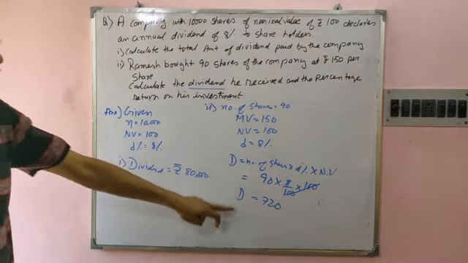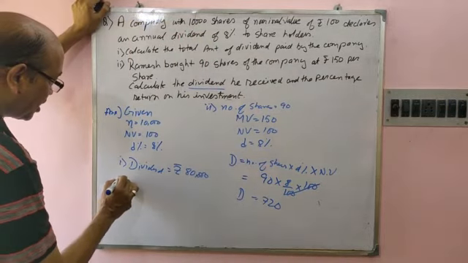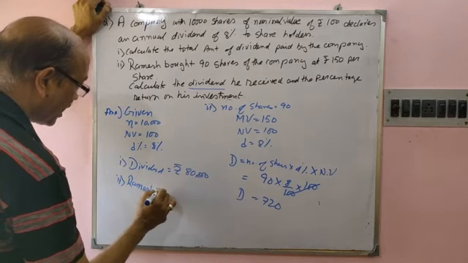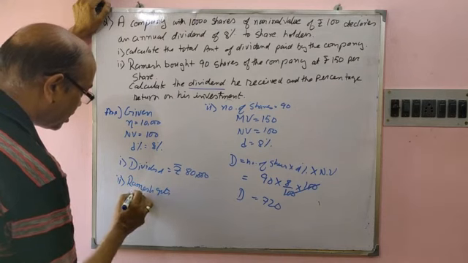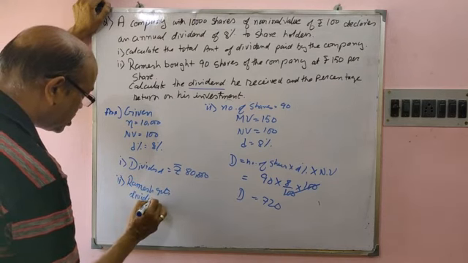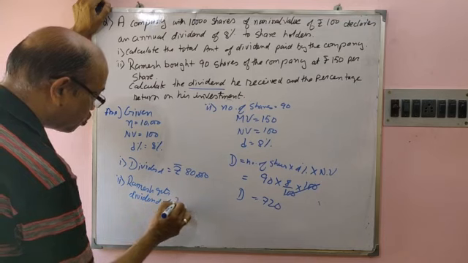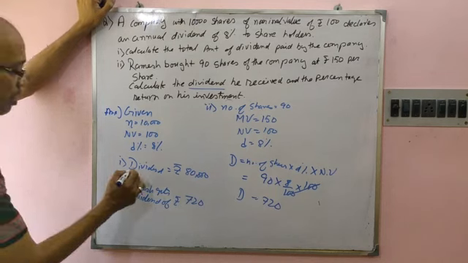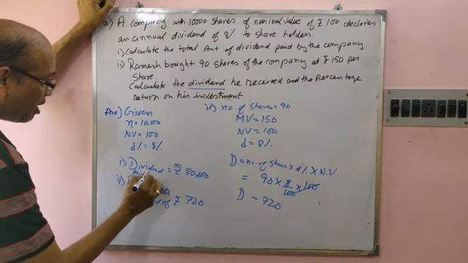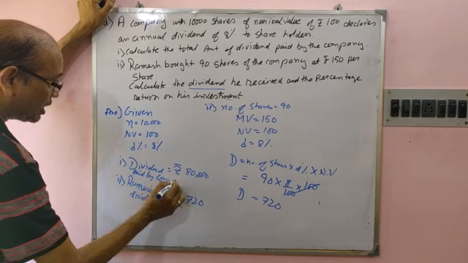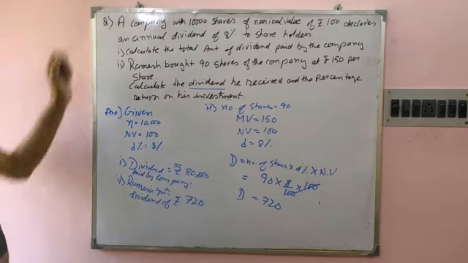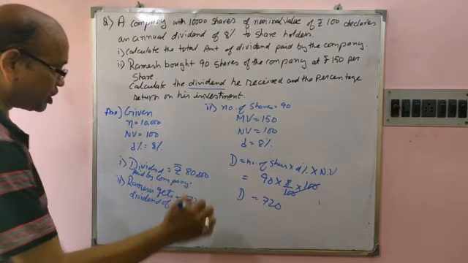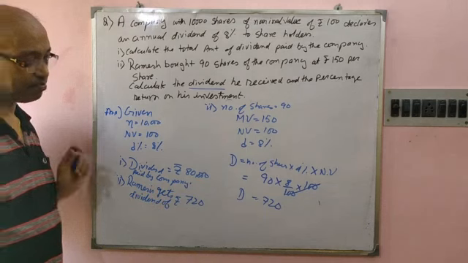Ramesh gets a dividend of rupees 720. And 80,000 was the dividend paid by the company. Ramesh gets rupees 720 as dividend.